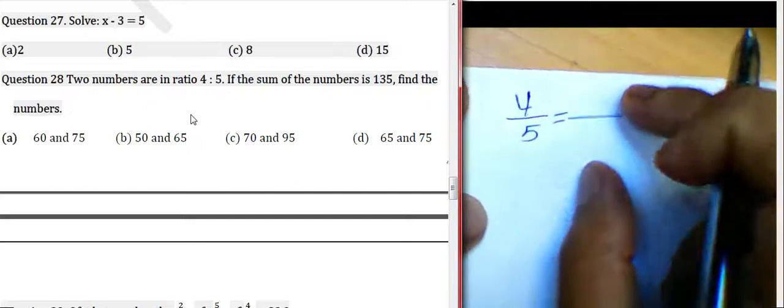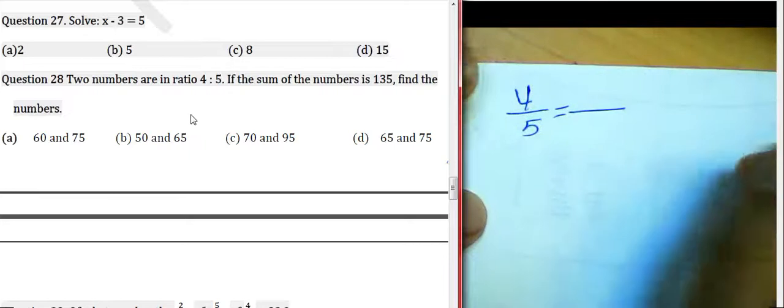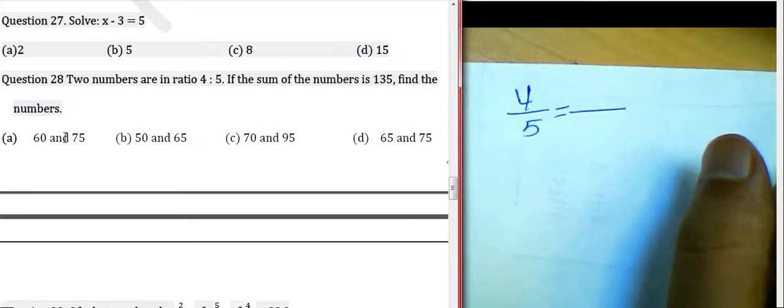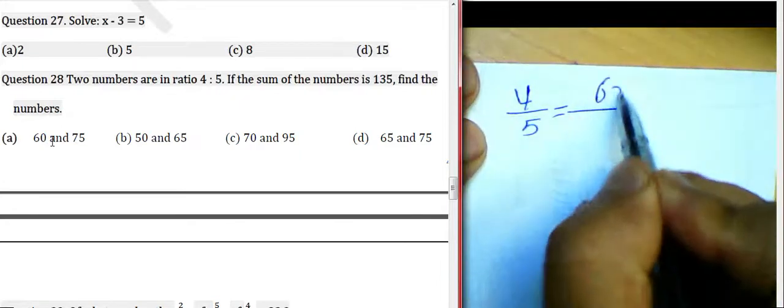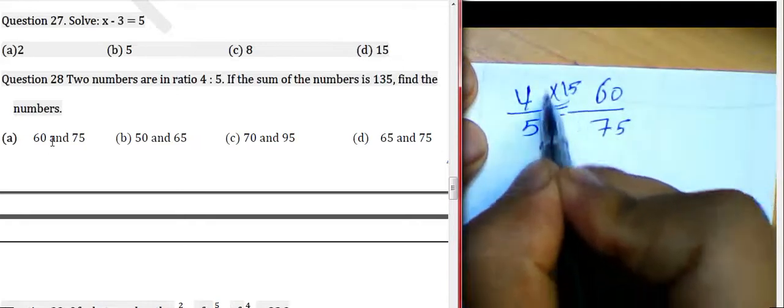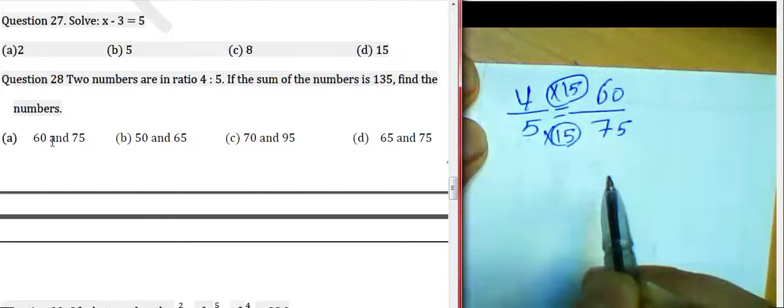And the sum of two numbers is 135. Look here. We have 60 and 75. Can you convert this to 60 and 75 or not? Yes, because 4 multiplied by 15 equals 60 and 5 multiplied by 15 equals 75.